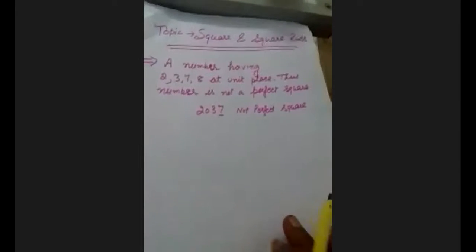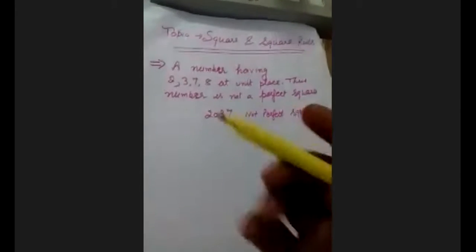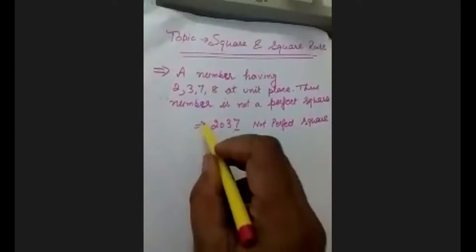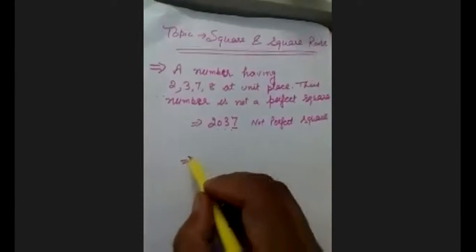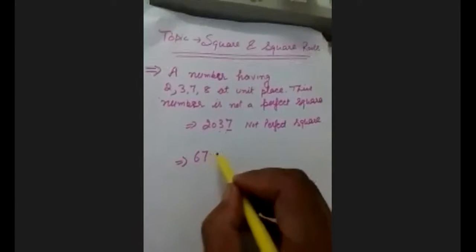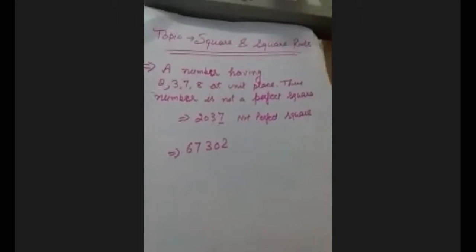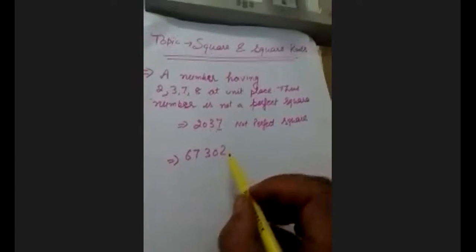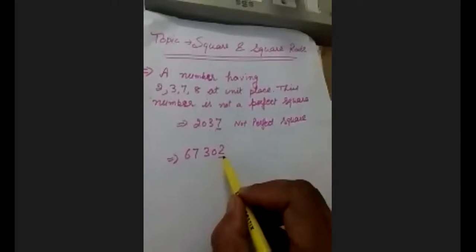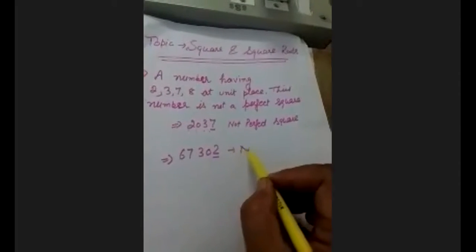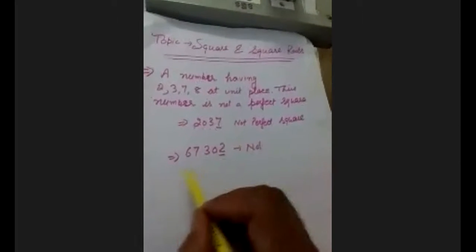Clear, students? Let's consider one more example. Suppose our number is 67,302. Now our last digit is 2, so this number is not a perfect square.